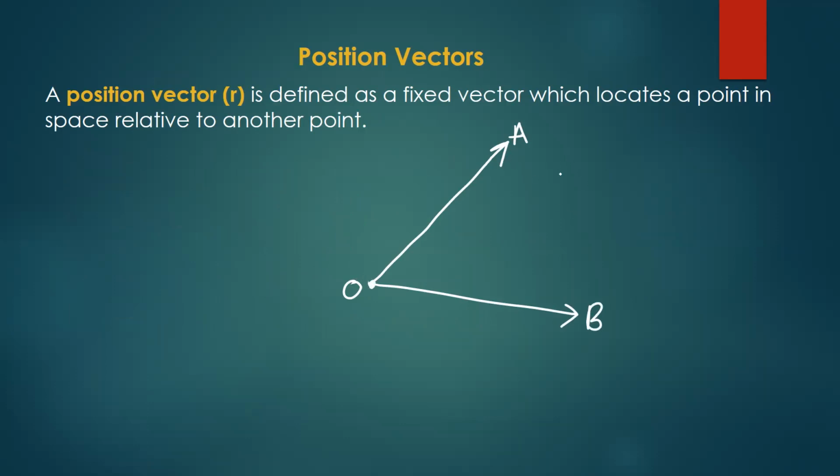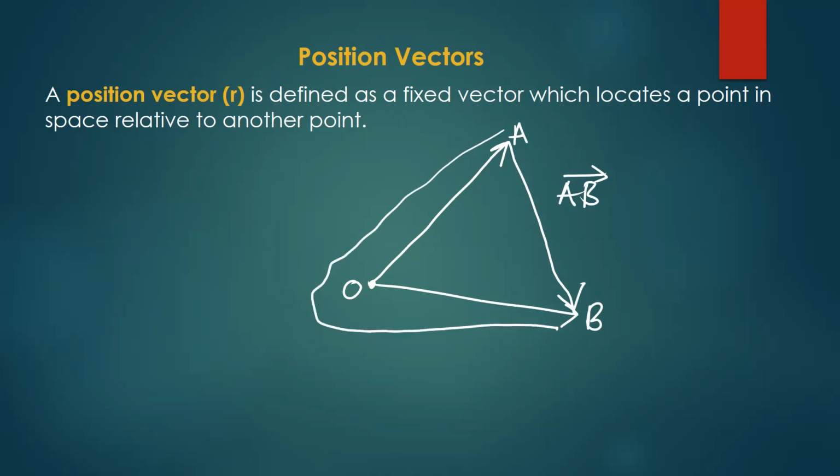So if you are to find the vector AB, we are moving from A going to B. It means that we first have to go back to the origin, then from the origin, we go to A. So if A is in this direction, we are going to oppose the direction of OA.